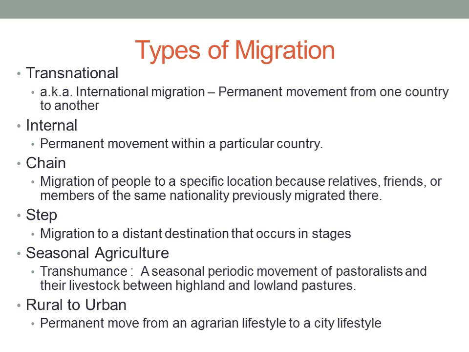And really great connection to a later unit, we haven't gotten there yet, but we will talk about this again, is that chain migrations create, and this is a good thing to write down, ethnic enclaves. Ethnic enclaves are parts of the city that you've probably heard referred to by this before. Things like Chinatown, Little Italy.